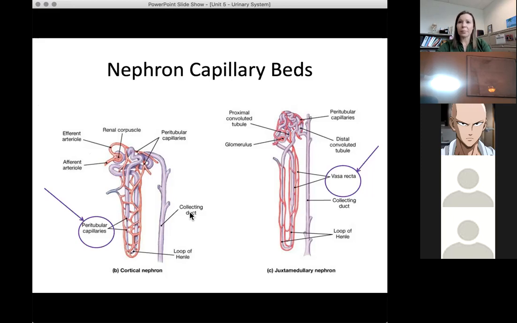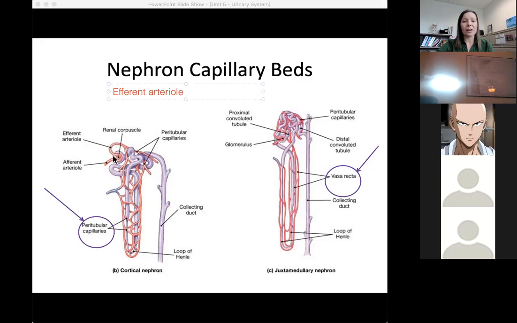The other capillary bed is called the peritubular capillaries. So these capillaries branch off of the efferent arteriole. And I will type that for you. If you're looking at the diagram, here's the efferent arteriole.